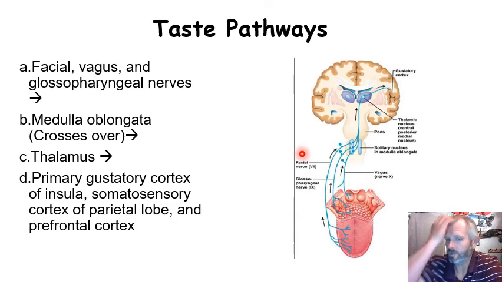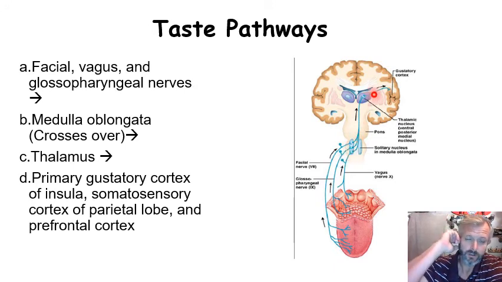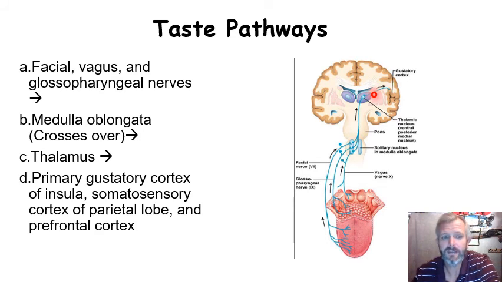All right, so once we have that signal sent, we got the transduction, we're sending up, we got the sensory neuron activated, you'll see we get our first order neuron, second order, so it's a 3 neuron pathway for the taste pathways. They're going to flow through these facial or glossopharyngeal, depending on which area is activated for the taste.